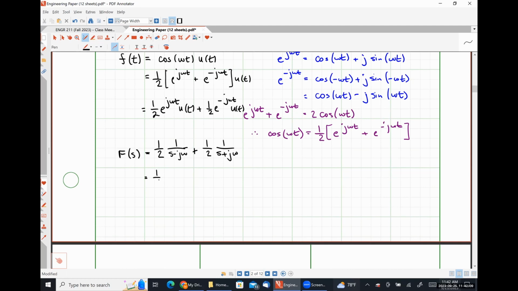So that's going to look like 1/2 times 1 over s minus j omega, and I'm going to multiply this by s plus j omega over s plus j omega, plus 1/2 times 1 over s plus j omega times s minus j omega over s minus j omega also.